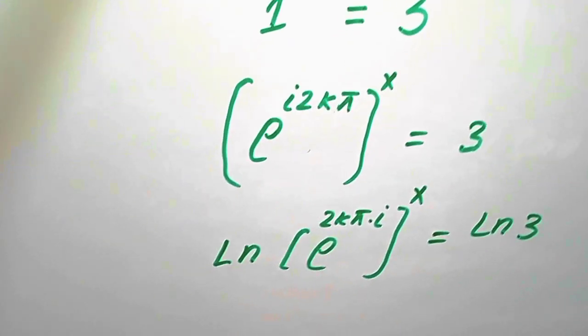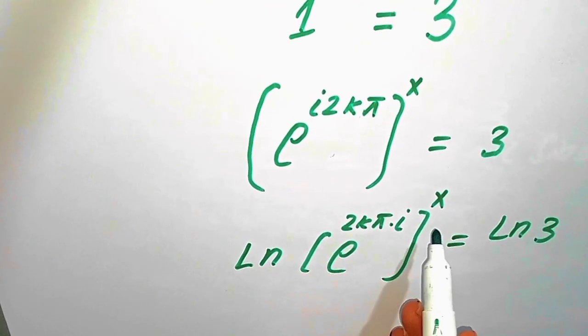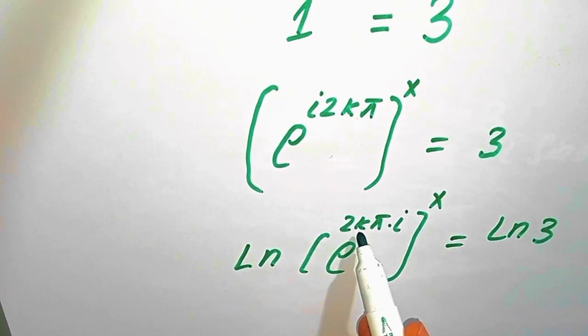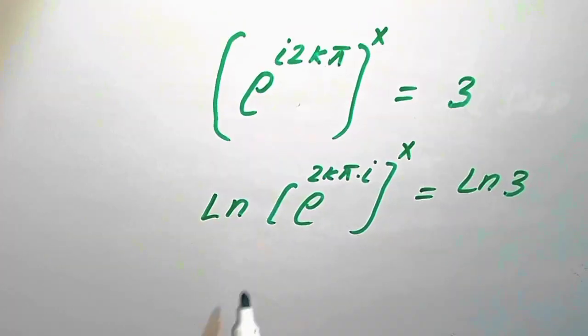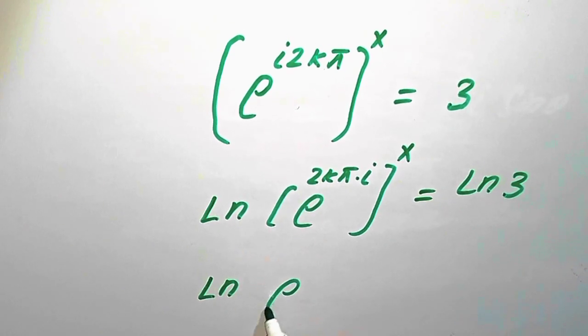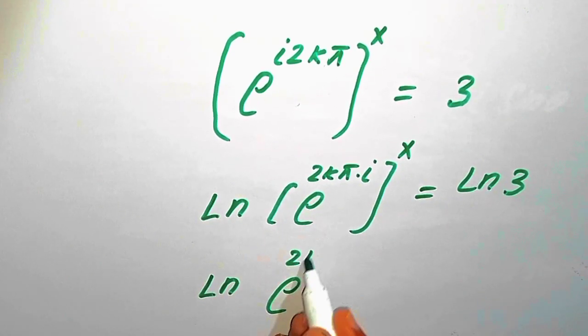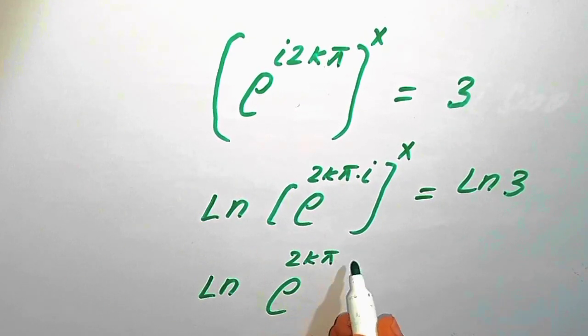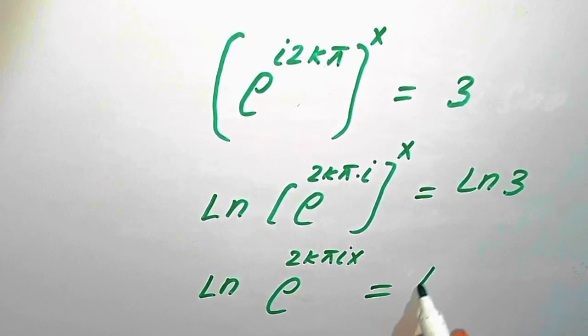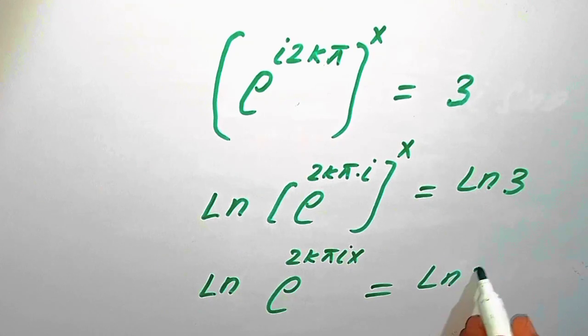Now the x multiplies with 2k pi iota, so it becomes ln e whole power 2k pi iota x is equal to ln 3.